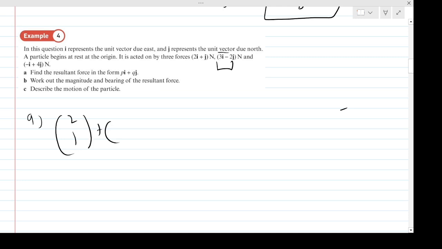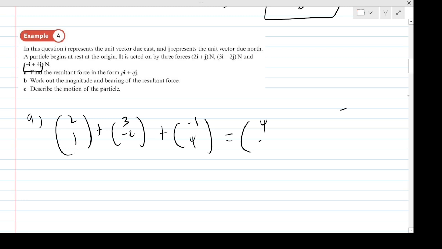Add 3i minus 2j, so that's going to be 3, minus 2. And then we have minus i plus 4j, so it's going to be minus 1, add 4. Okay, and so the resultant vector, if we add all these together: add the top numbers, 2 and 3 and minus 1, that is going to be 4. And then the bottom, 1 minus 2 plus 4, that's going to be 3. So that's my resultant vector, my resultant force.